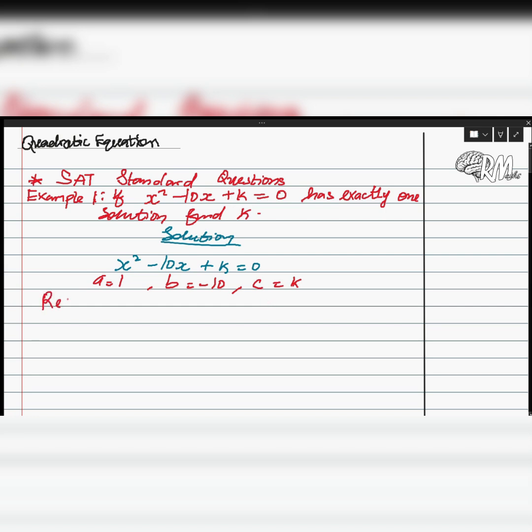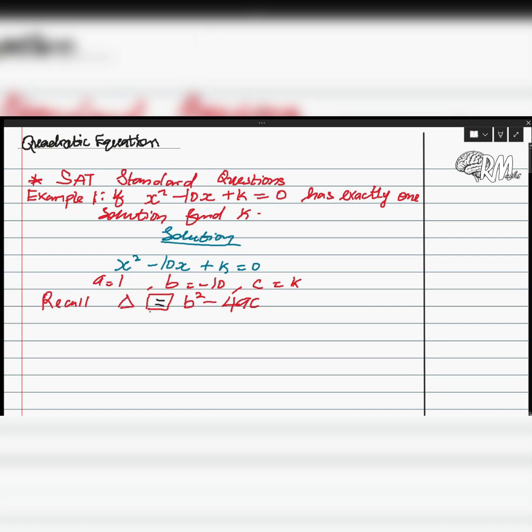Then we recall that the delta, which is b squared minus 4ac.